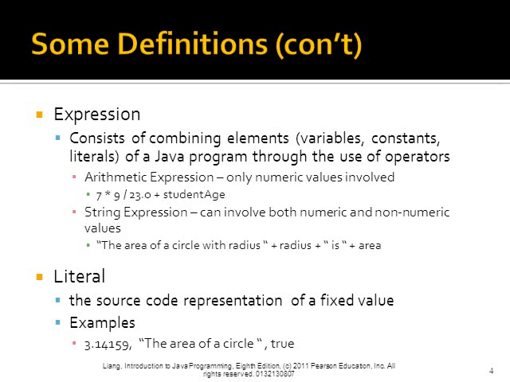In this expression, we're combining a string, "The area of a circle with radius", with a value, radius, again with another string, "is", and another value, area.